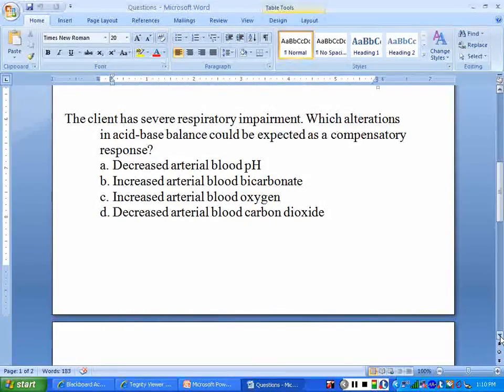The client has severe respiratory impairment. Which alterations in acid-base balance could be expected as a compensatory response? A, decreased arterial blood pH; B, increased arterial blood bicarbonate; C, increased arterial blood oxygen; or D, decreased arterial blood carbon dioxide.